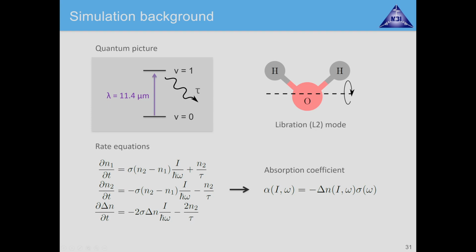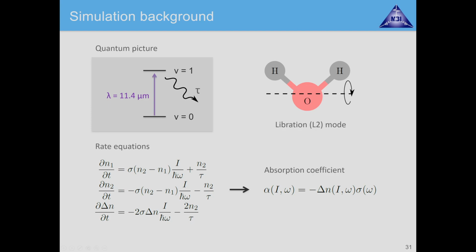Then we tried to write this in terms of a rate equation, which looked quite similar to the laser rate equations we all know. So we have population densities N1 and N2. We have an absorption coefficient, which is changing with the intensity of the laser, and some decay time or lifetime with which the system decays from the upper to the lower state.